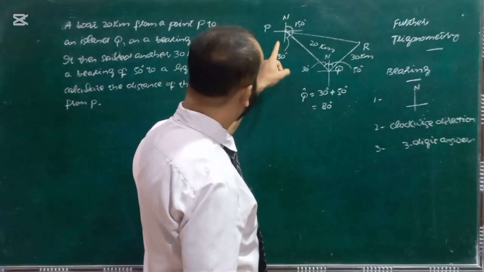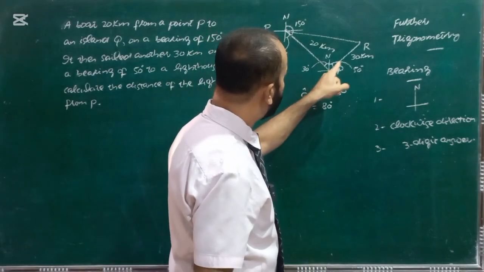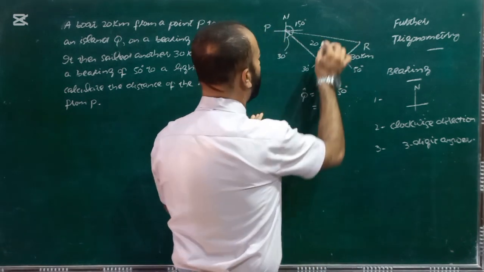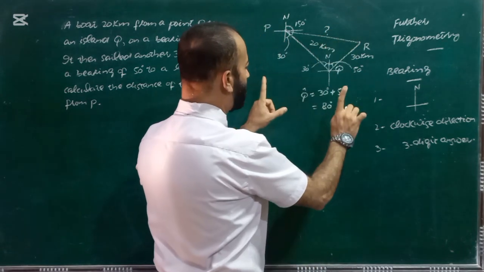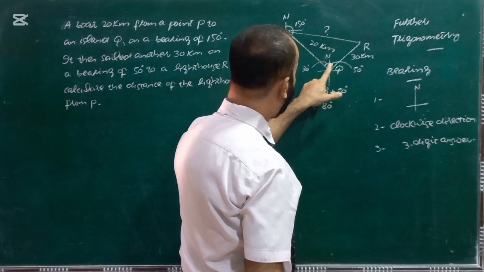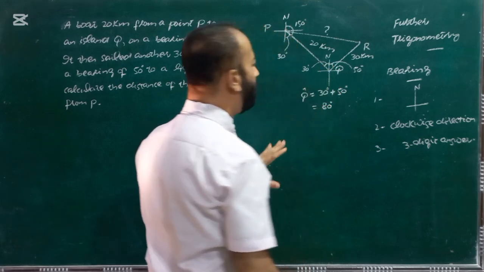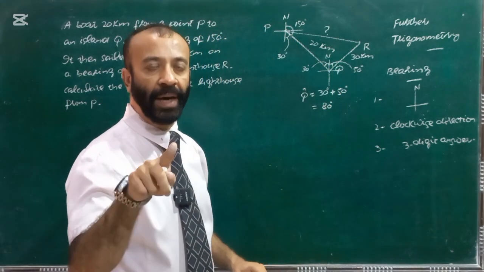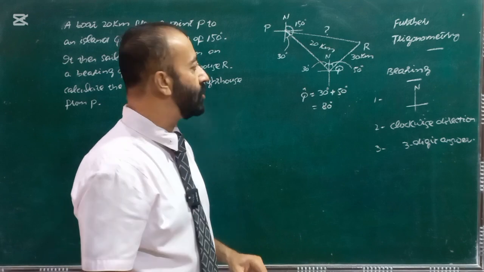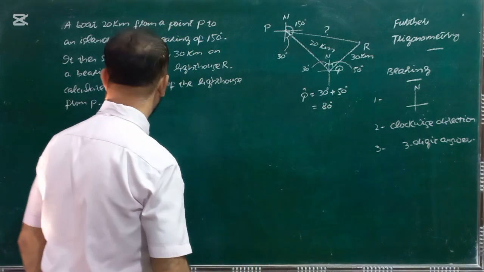Now in this triangle you may see one side is given, second side is also given, and third side is required. So three sides are involved and one angle is given. So whenever three sides and one angle are involved in any triangle, then cosine rule will be applied.